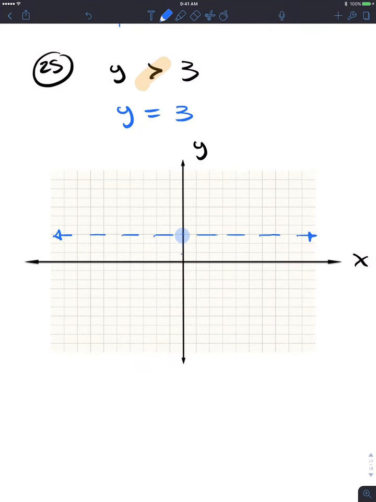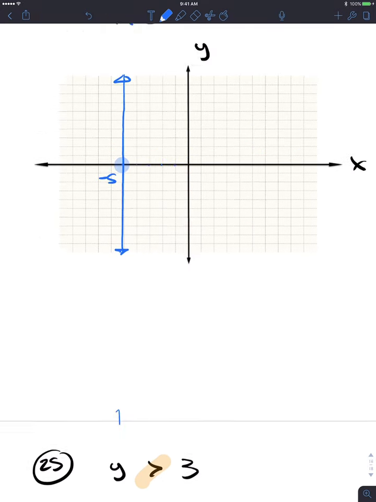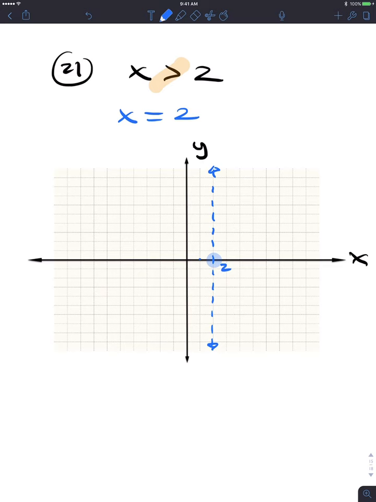Now, I want to go back and say a few things. What we didn't do here is we didn't shade. So at 21, let's go back here and let's shade. We forgot to shade. Alrighty. Now, in order to shade here, let's find a test point that's not on the line.